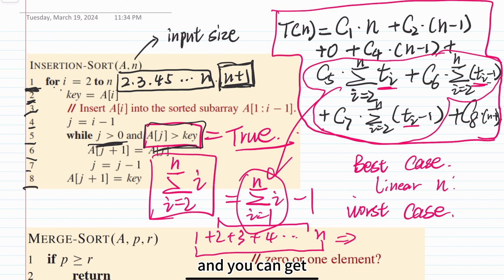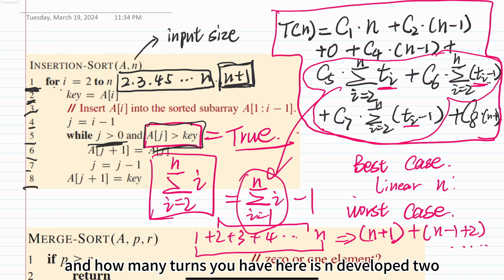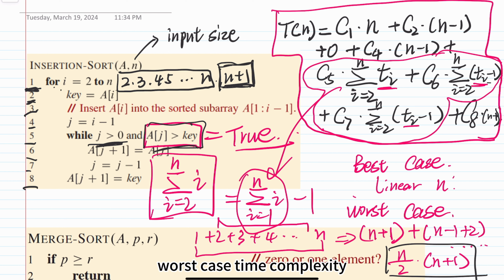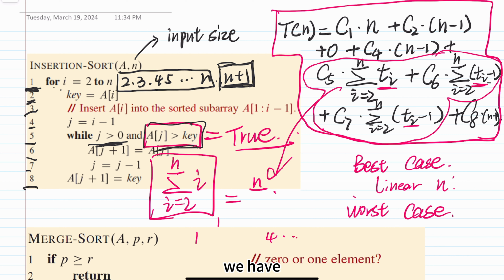And you get n plus 1, plus n minus 1 plus 2, etc. How many terms you have here is n divided by 2, multiplied by n plus 1. So this is the final worst case time complexity. It will be squared. We have the worst case n squared. It's a quadratic time complexity.